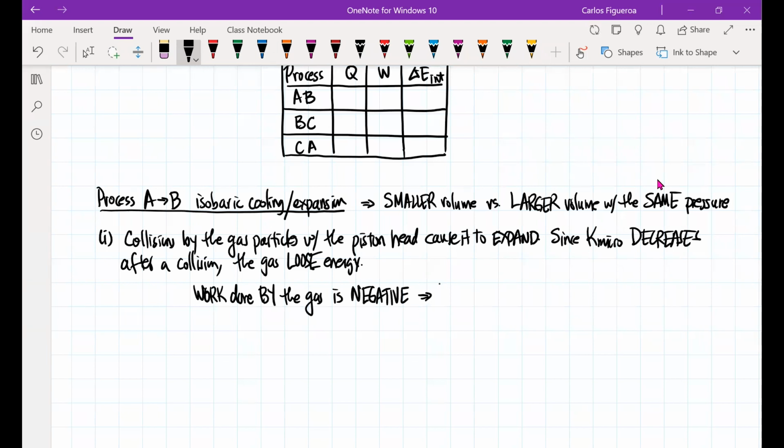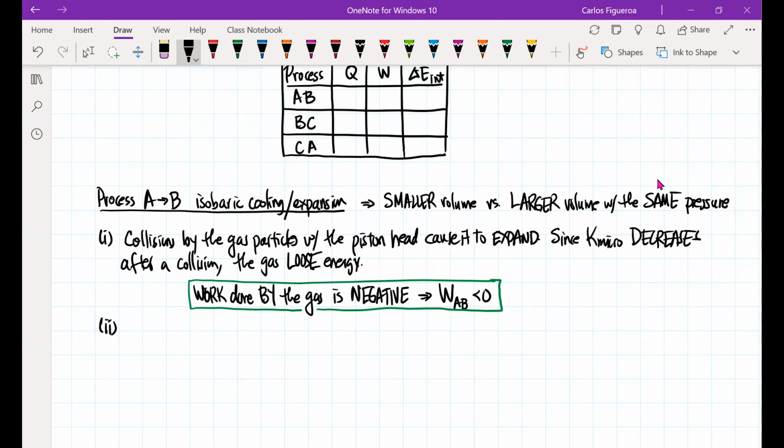So that implies that the work by the gas done from going from A to B is negative. So the gas has to give up energy in order to move the piston. Okay, so now let's go to the second one.